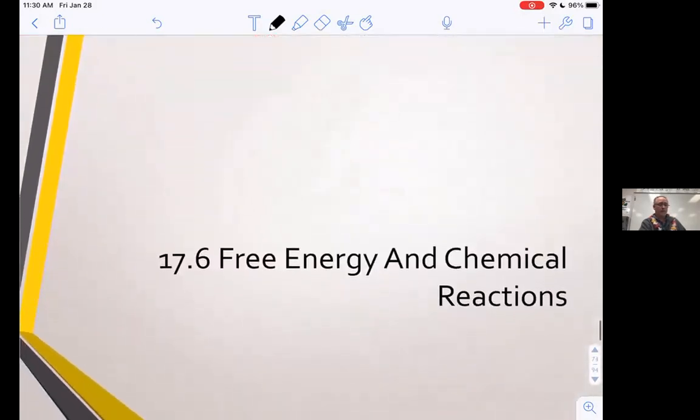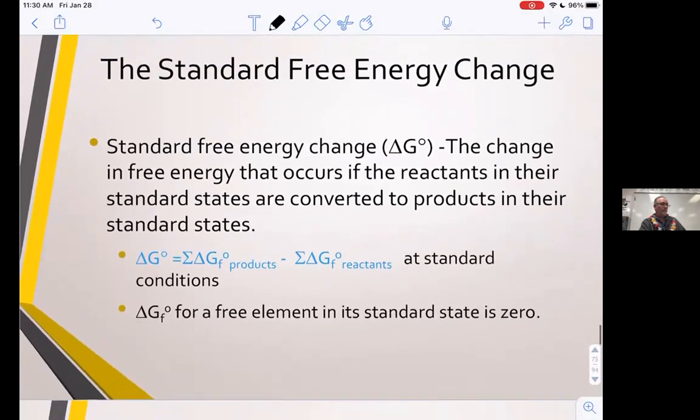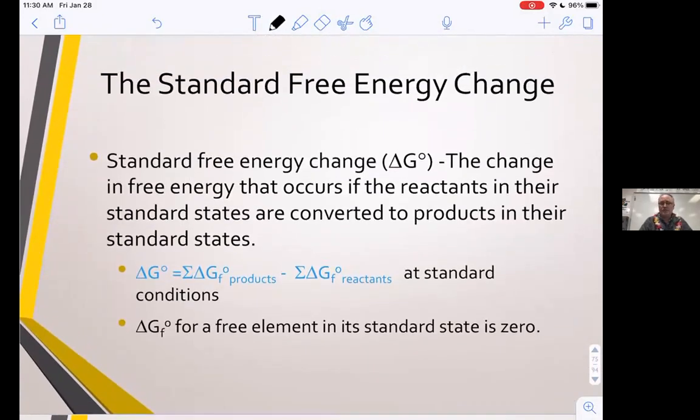So free energy in chemical reactions, the standard free energy change, or the delta G of a total or complete reaction, can be calculated the same way as the entropy values and enthalpy values. It's just products minus reactants. If you're given them, they're going to be in a chart.